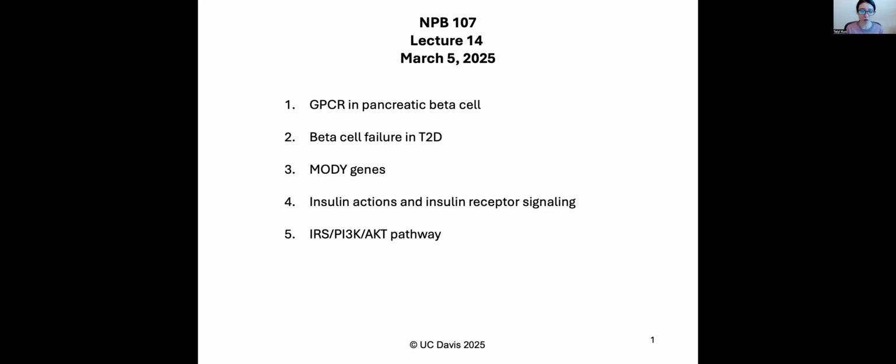And you've learned about GPCR, ion channel, and enzyme-coupled receptors, specifically receptor tyrosine kinase, and we're going to take a look at them to see their roles in diabetes. So we'll talk about the beta cell failure, the MODY genes, the insulin actions, and insulin receptor signaling, as well as the IRS, PI3 kinase, and AKT signaling pathways today.